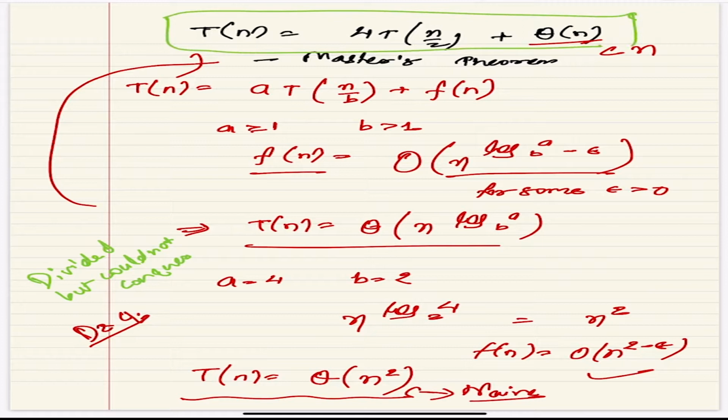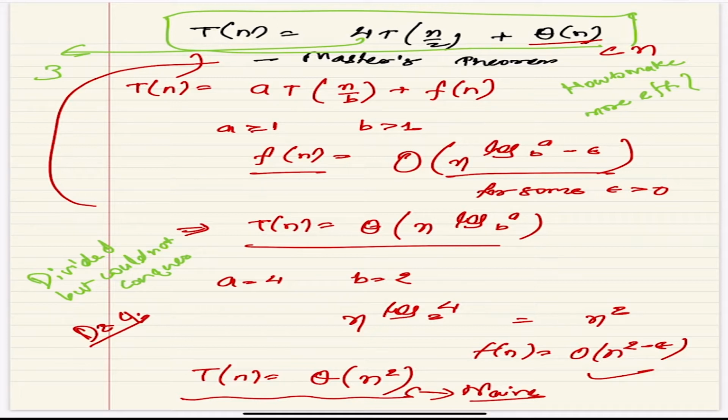Now, what can I do so that I can make it more efficient? If you were in the class, I think some of you would have said immediately, I find a way to make it more efficient. And what is that? If some way I can change this 4 to 3. Can I do the same task with 3 subproblems of size n by 2?